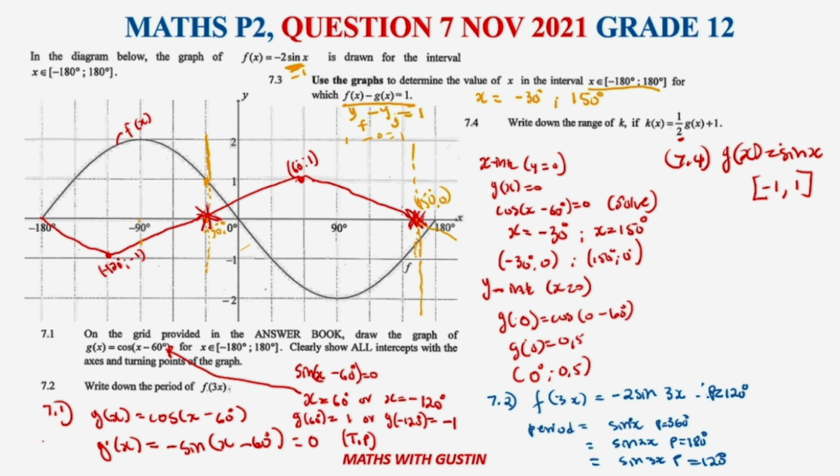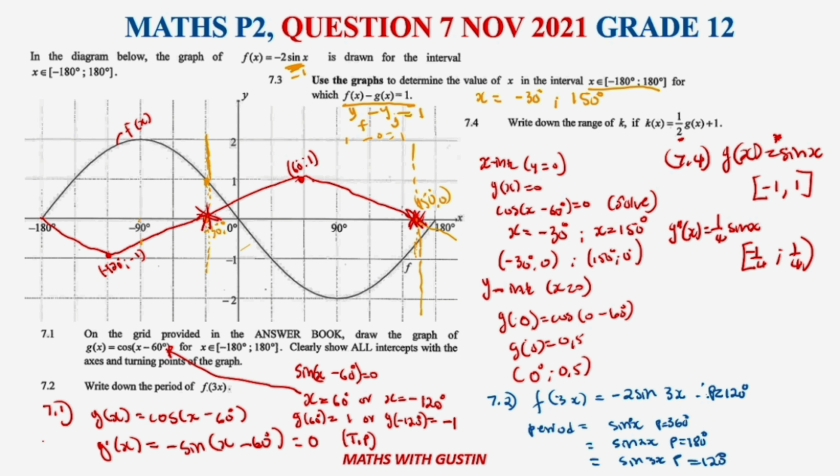Okay, so now if I put something here, let's say for argument's sake, I put 1/4. Now our new graph here is 1/4 sine x. So what will be the range? The range would be -1/4 to 1/4.